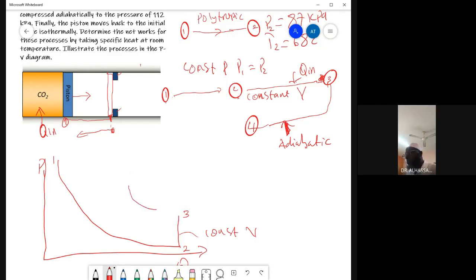So this adiabatic situation is this. So this is adiabatic. And then finally, the piston moves back to the initial state isothermally. Yes. So this is the isothermal line. So this is adiabatic, this is isothermal.